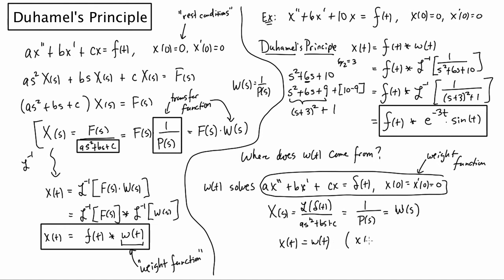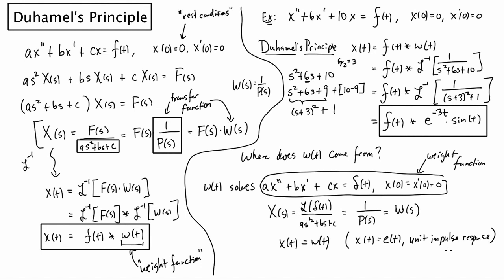Some books will say that x of t is equal to e of t, where e of t is the unit impulse response. Depending on which book you have, which notations you have, you might see either of those. But the point is that the weight function is the solution to the delta forced equation. And that's especially important to know here, that's what's going on with the weight function.